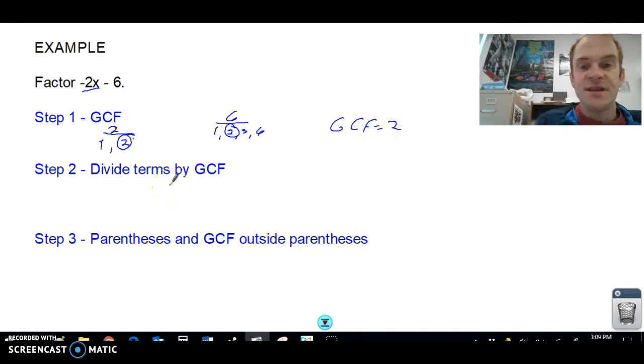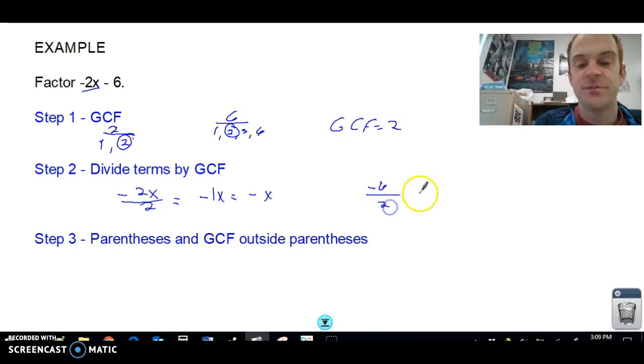So my greatest common factor is 2. Then step 2: I know that each can be divided by 2, so let's do that. What's negative 2x divided by 2? Negative 2 divided by 2 is negative 1x, so I'm just going to write that as negative x. And then what's negative 6 divided by 2?